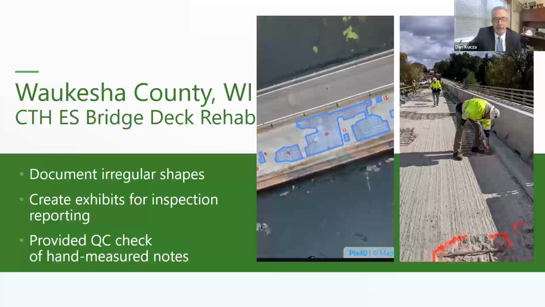So what we were able to do is do a drone flight and create an ortho TIFF safely over the non-moving traffic, and then provide this exhibit to the contractor and to our inspectors to give them another measurement of the quantities. We completed the scope conventionally. We also did it with the UAS map, and we found the UAS mapping to be a more reliable method. It didn't miss little areas.